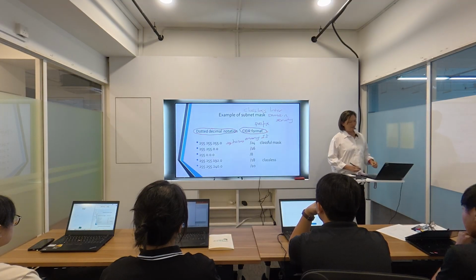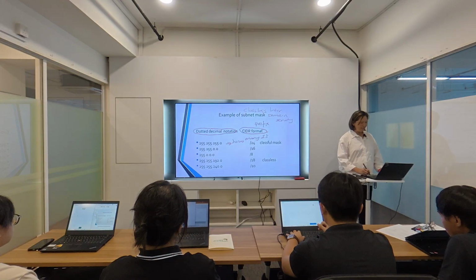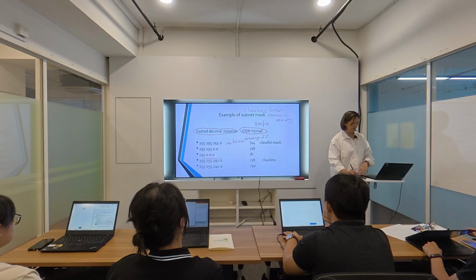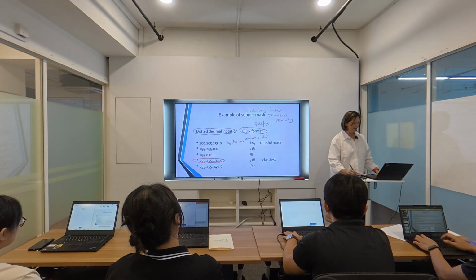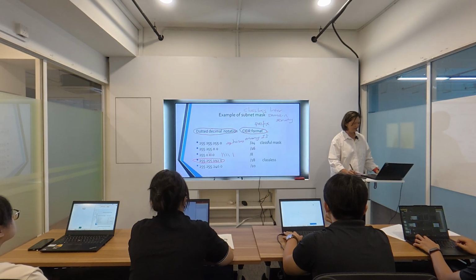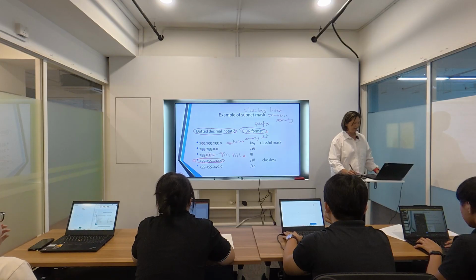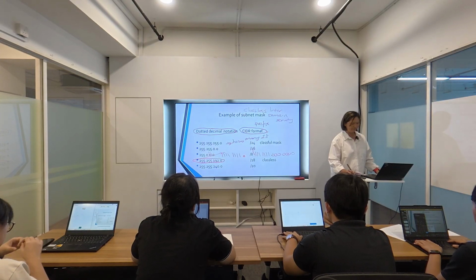Now, if you analyze all these masks, all the ones start from the left. Let's take this one. The first set of 255 is eight ones, the next set of 255 is eight ones, and then 192 is 1, 1, 0, 0, 0, 0, 0, 0.